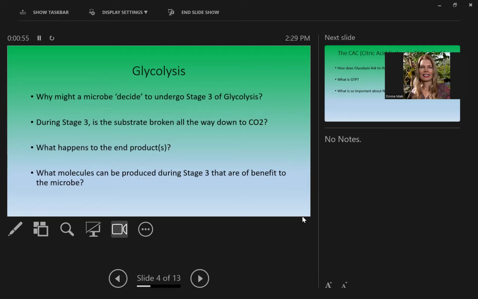What do you think that is? So we said oxygen is the best terminal electron acceptor. So if E. coli is looking around and says, darn it, no oxygen, what might they do instead besides stage 3? If it's a smart E. coli, it's going to choose a different option.